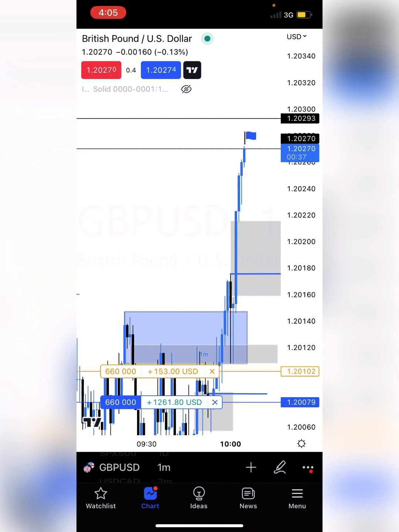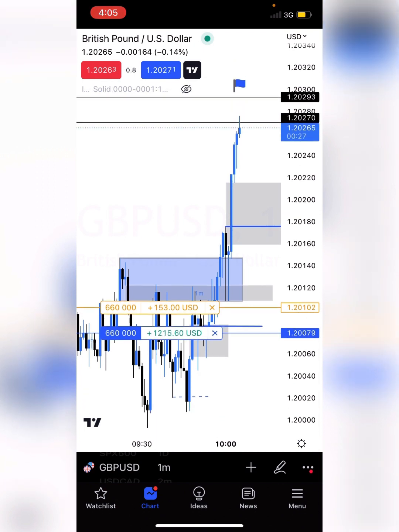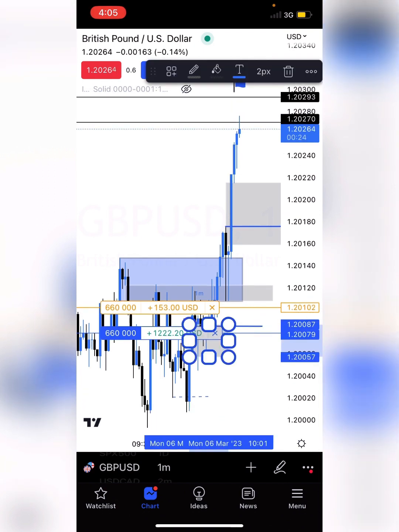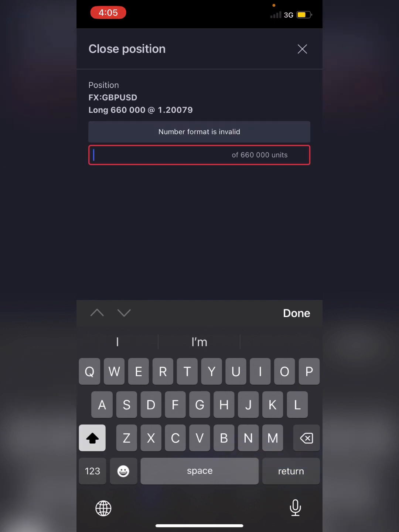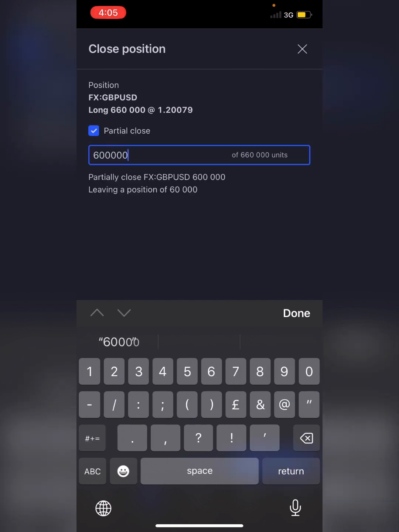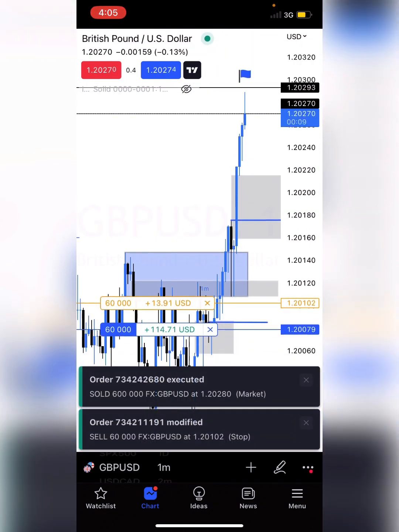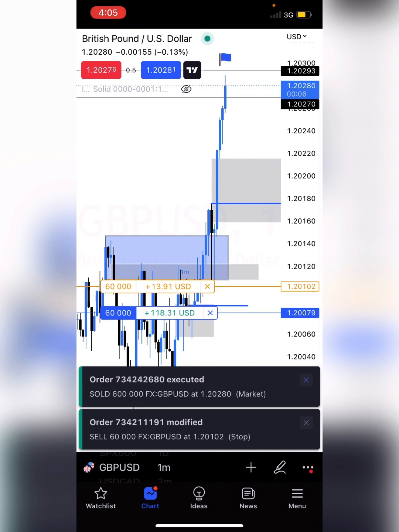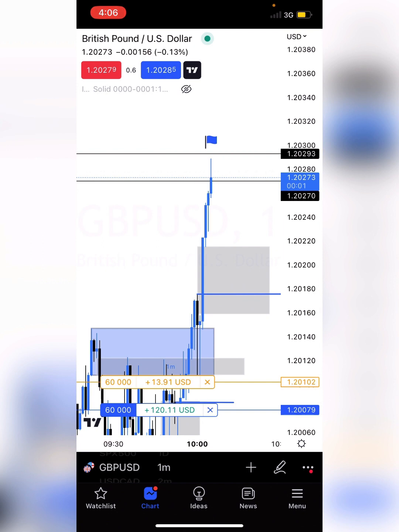So the second objective, the third objective, it'd be nice to see price take that out, but technically you should be closing partials here. How do you do that? Let me try. I've never really done that. Oh, there it is. So I can close the 600,000 and leave the 60,000 to run, right? Yeah, just like that. And I have a small position running to take out the final objective.